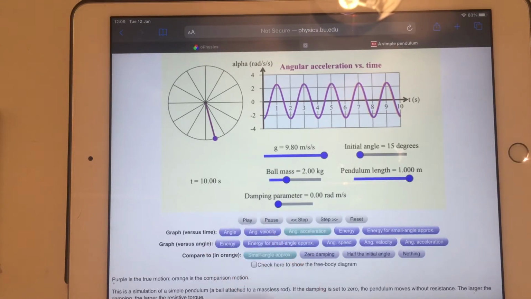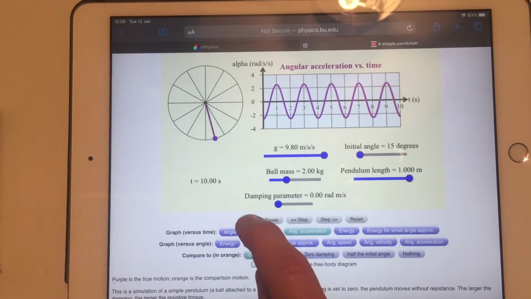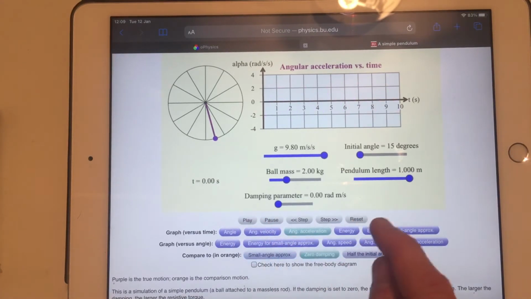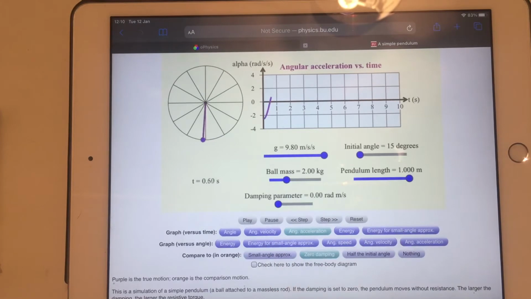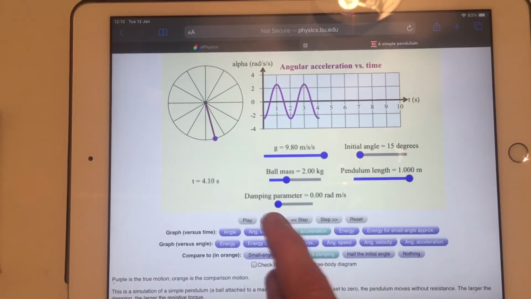And again, we've got a graph of the acceleration versus time here. Hopefully you can see, as I play it again, there we go. You can see how the acceleration is always in the opposite direction.